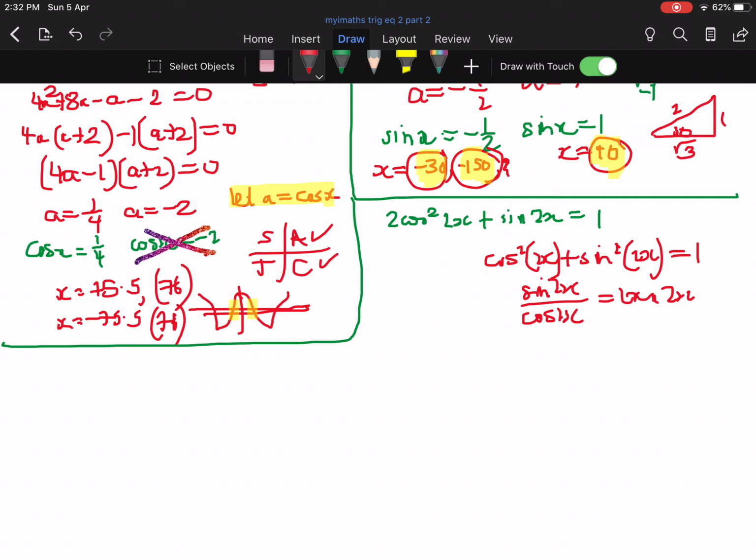If I made sine 2x into 2 sine x cos x, and then changed cos squared 2x into 1 minus sine squared x, it's not going to work.